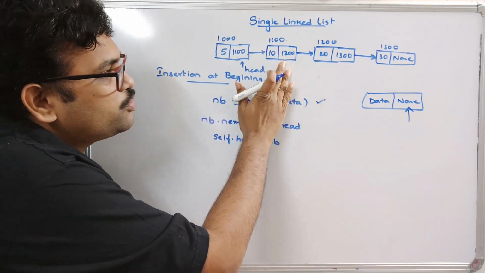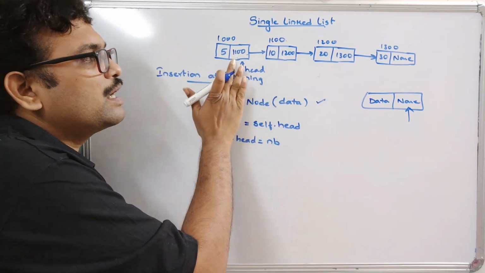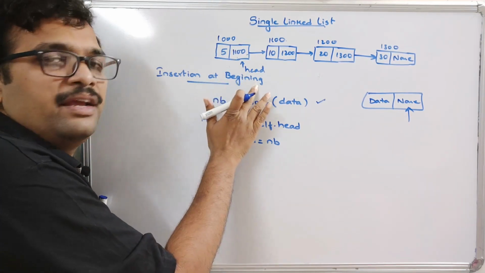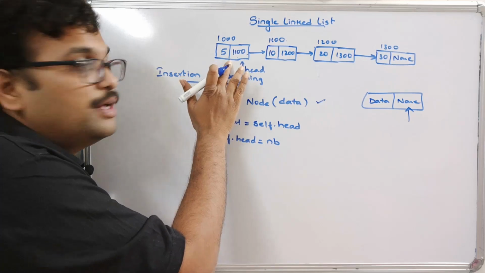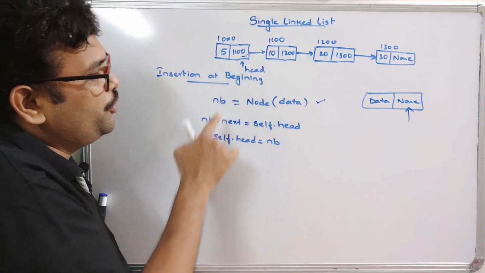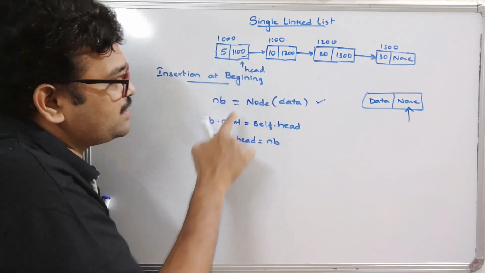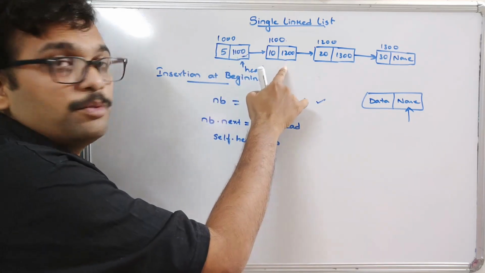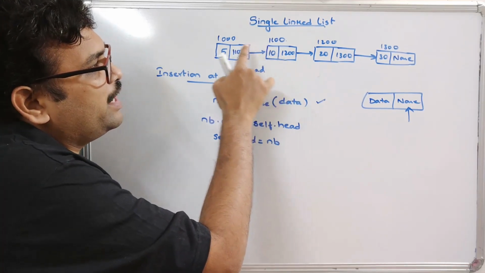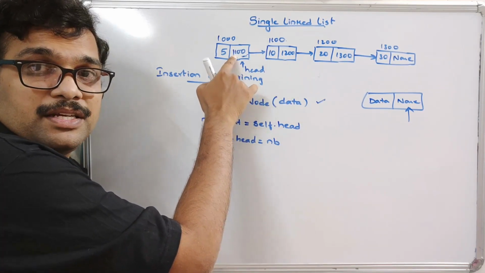So this node address should be linked to the current node, that means a new node, because we are inserting the node at beginning. So this becomes the first one. So how to get this location? So new node, that means nb dot next is equal to self dot head, previously this is the head. So automatically the address will go here, placed here.